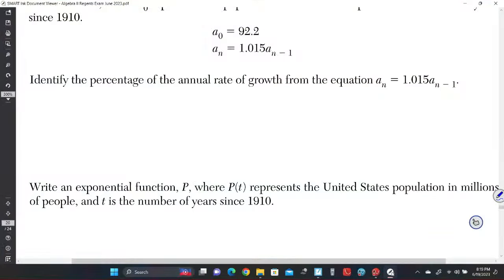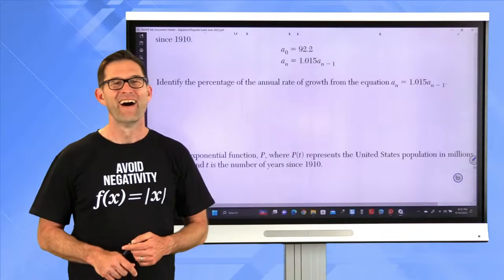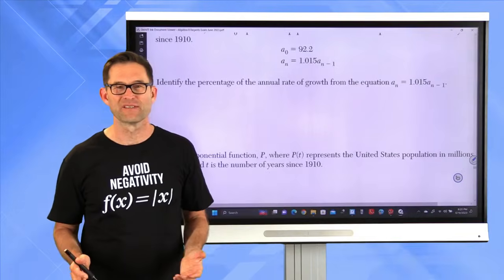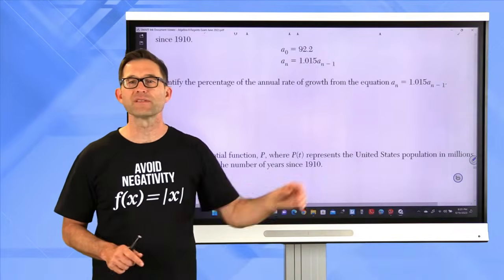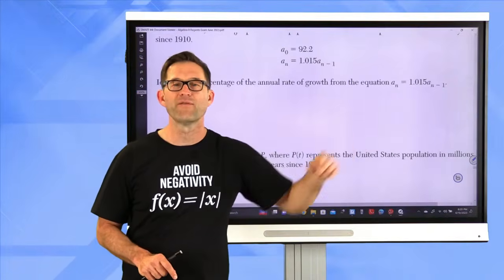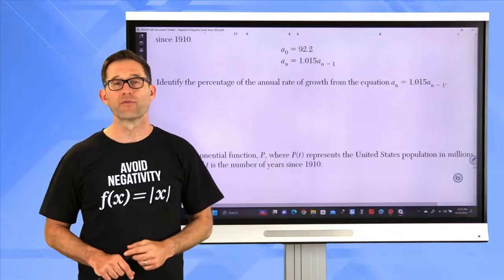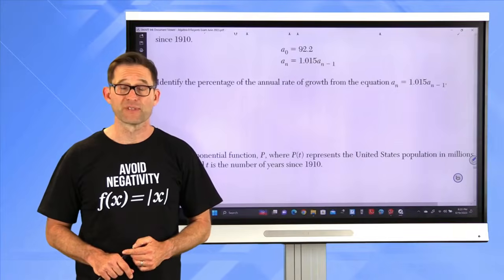Identify the percentage of the annual growth rate, or the annual rate of growth, from the equation a sub n equals 1.015 times a sub n minus 1. All right, I hope that this is easy, especially since Algebra 1. If we multiply each previous amount by 1.015, then our annual rate of growth is 1.5%.